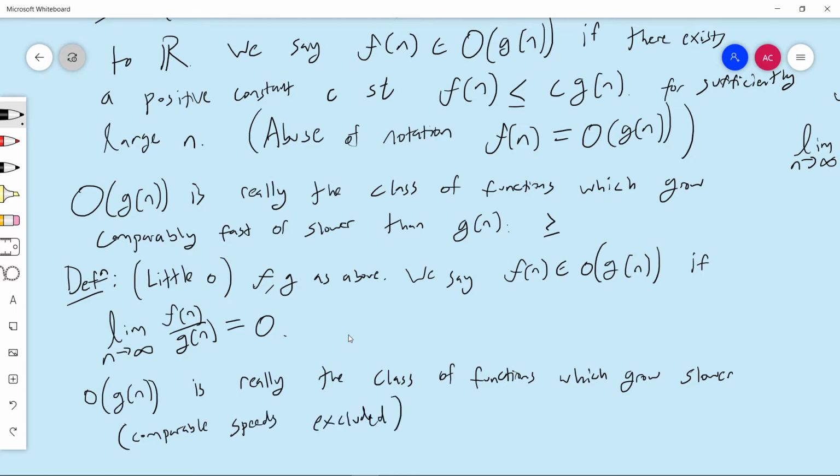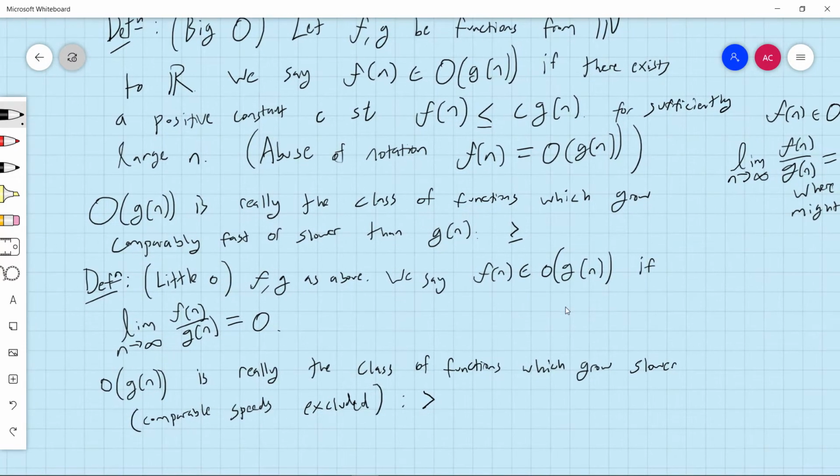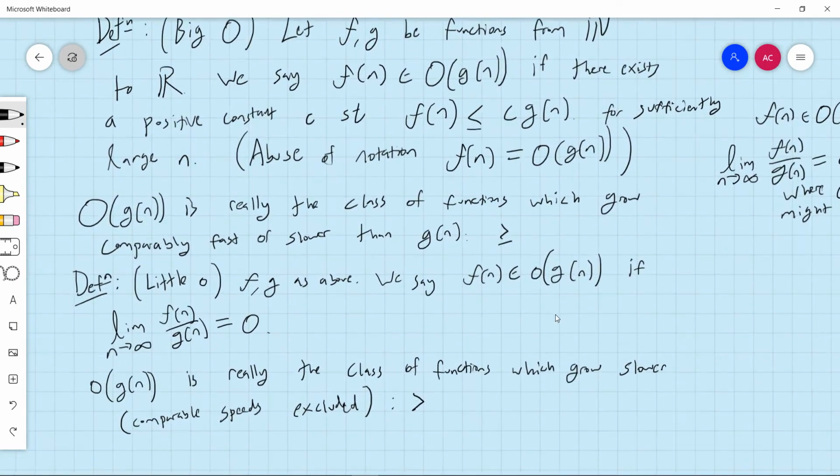So it's really sort of like strictly greater than. Big O is like greater than or equal to, little o is like just strictly greater. But we're talking about growth rates, so we're defining this ordering of functions in terms of growth rates.